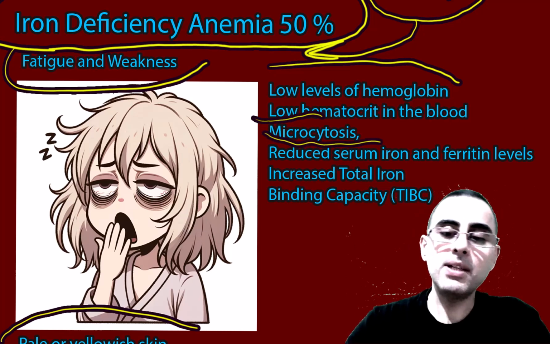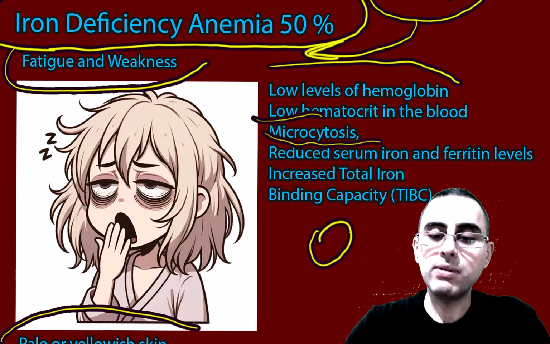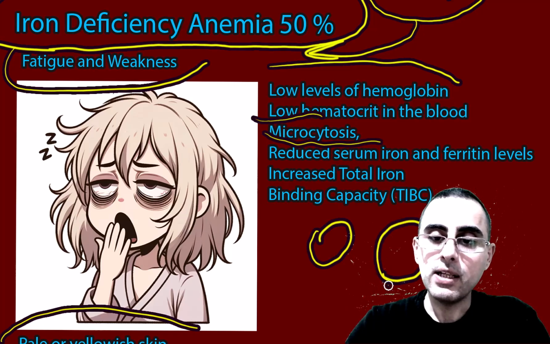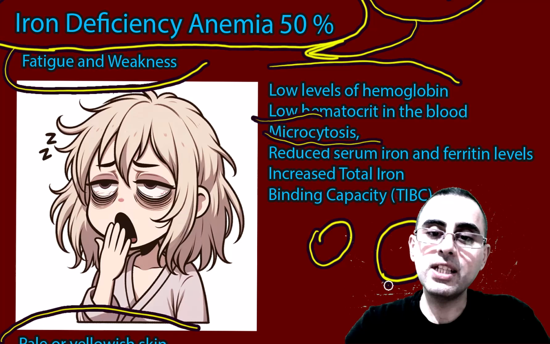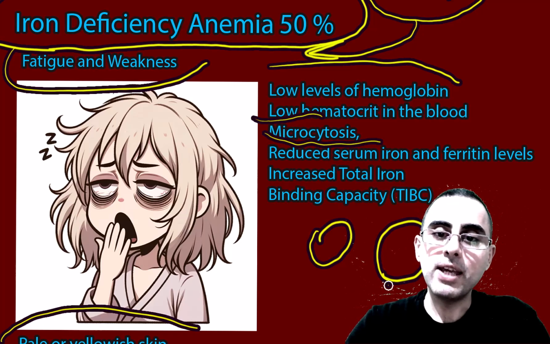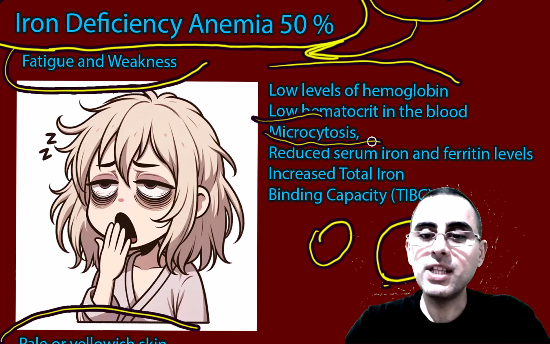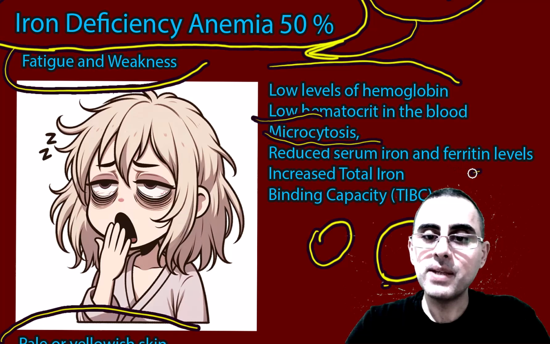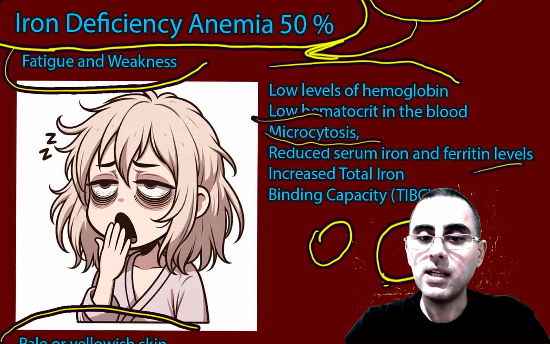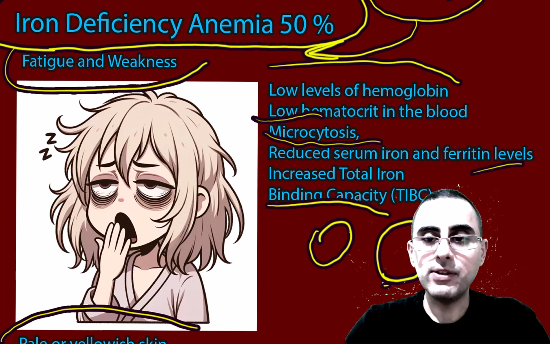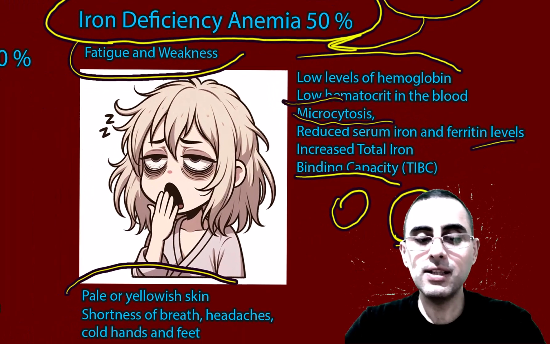Microcytosis, which means we have smaller red blood cells, smaller compared to normal. It is called microcytic anemia because we have smaller red blood cells. And reduced serum iron and ferritin levels and increased total iron binding capacity, because we have less iron and the iron binding capacity is increased.